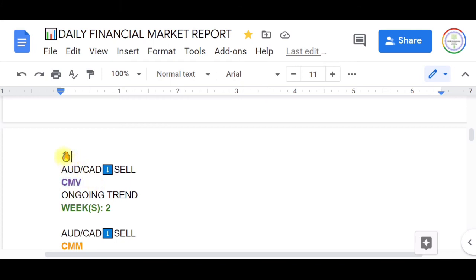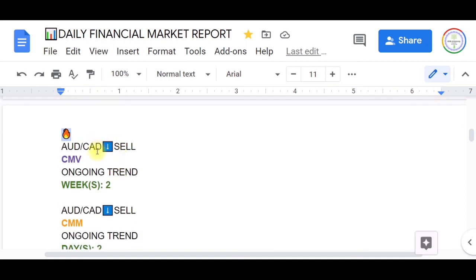Also, you'll see that there's a fire symbol. Some of these assets have a fire symbol on top of them, others don't. What the fire symbol represents is this. You have a current market value, which is the long-term aspect of the strategy. And remember, we also have current market movement, which is the short-term aspect. We can see that both current market value, the long-term, and the short-term are going in a sell direction.